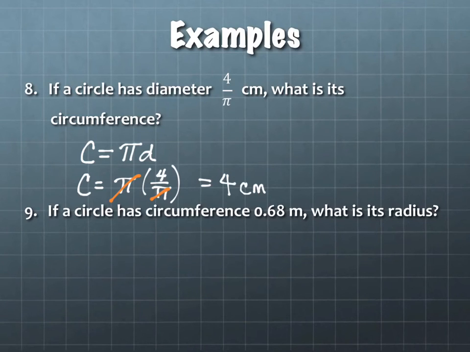Next: if a circle has a circumference of 68 meters, what is its radius? Okay, so that's a little bit different. The last question asked us for the circumference, and in this question they tell us what the circumference is. How will I use the formulas that I have to be able to find the radius?